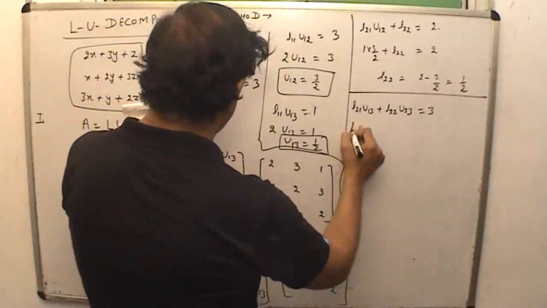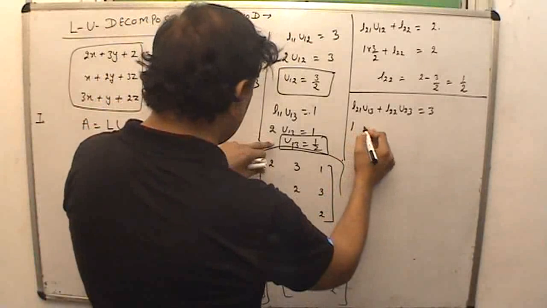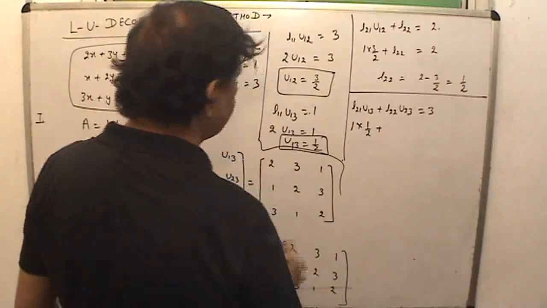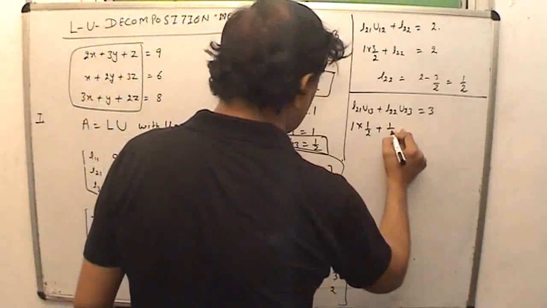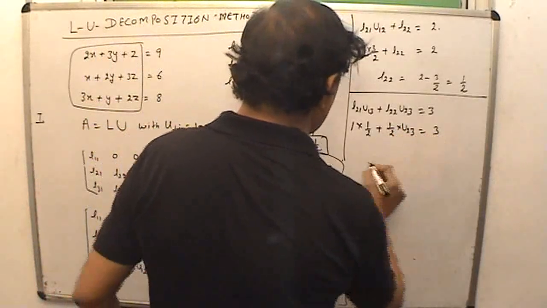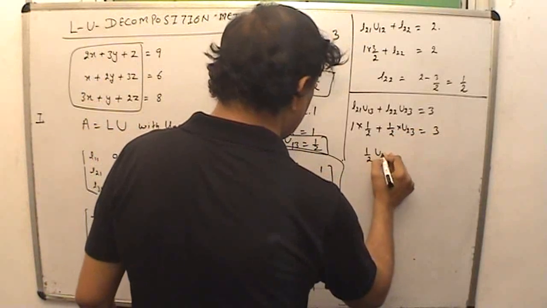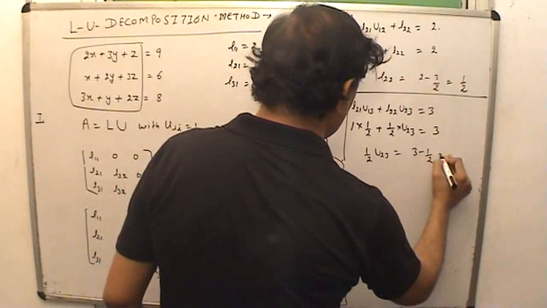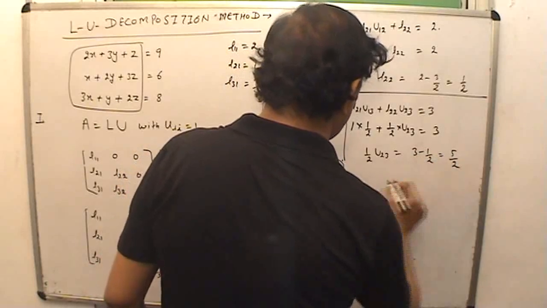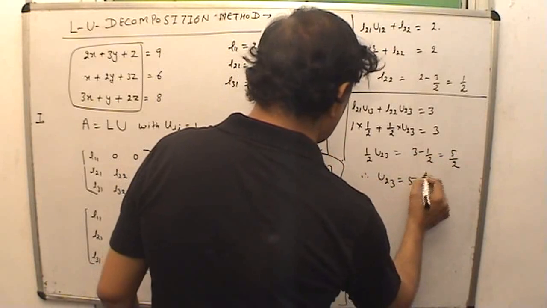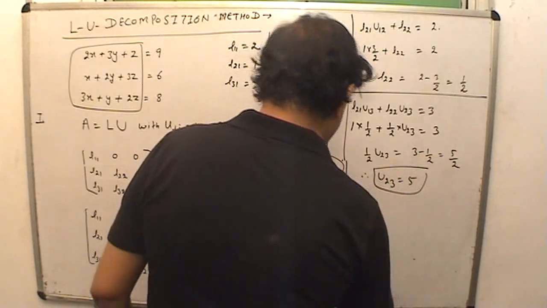L21 is 1 into U13, 1 by 2, plus L22, 1 by 2 into U23 is equal to 3. Half of U23 is equal to 3 minus 1 by 2, that is equal to 5 by 2. Therefore, U23 is equal to 5.